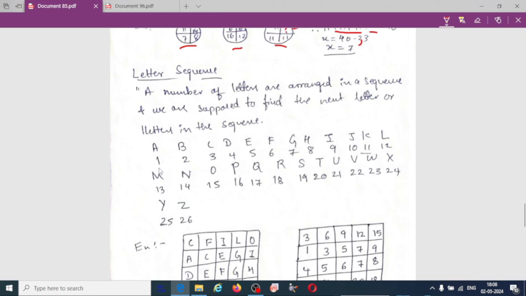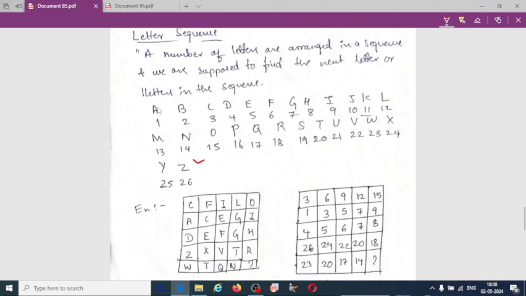If you give the number in increasing order, A is 1, B is 2, C is 3, like that up to Z, which is number 26. So first you should know that each alphabet has a particular number. So total 26 alphabets, and the numbers are also in increasing order.